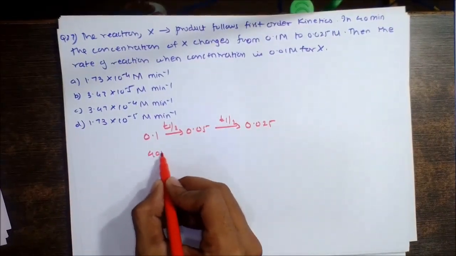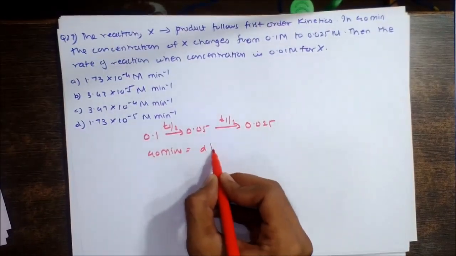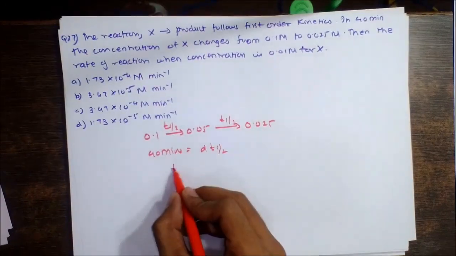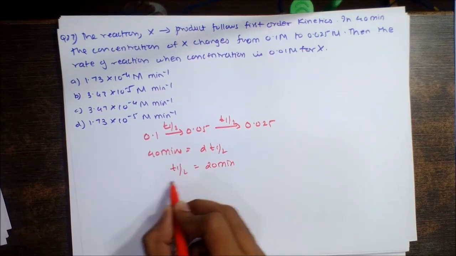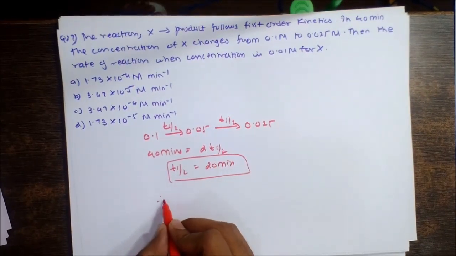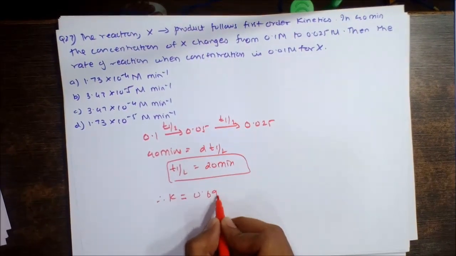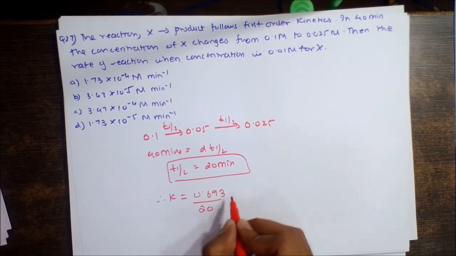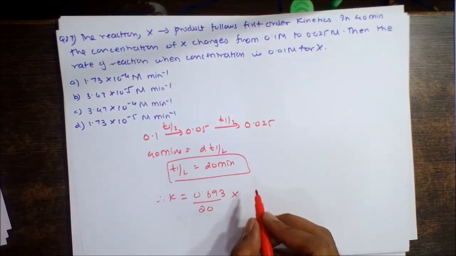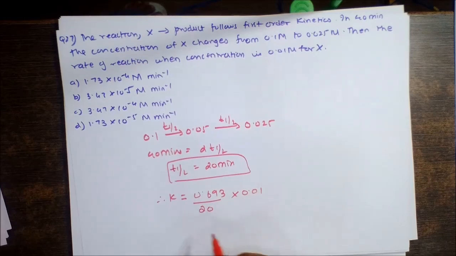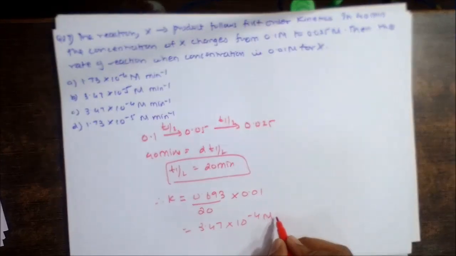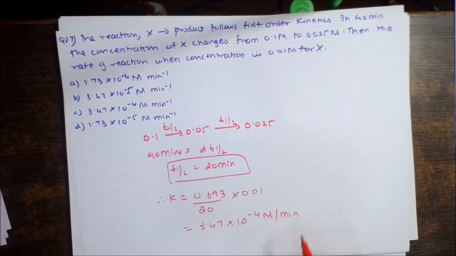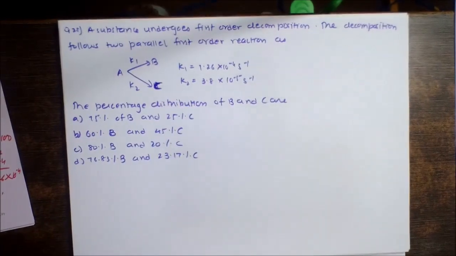Therefore, 40 minutes represents two half-lives. So, half-life would be equal to 20 minutes. Therefore, rate would be equal to 0.693 upon 20 into the concentration of X given, that is 0.01, which equals 3.47 into 10 raised to minus 4 mole per minute.